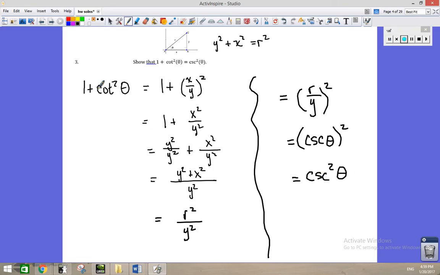So I started with the left-hand side and illustrated that I have the right-hand side. And in this derivation, I didn't use any previous identities. I just used the definitions of our trig functions and common properties of arithmetic, rewriting the number 1 and adding fractions together with a common denominator. So hey, I hope that helps, and I'll talk to you later.